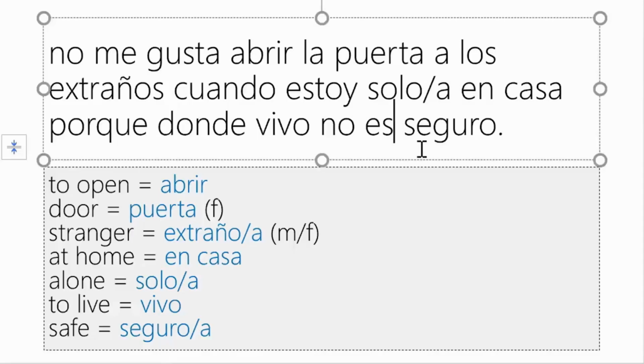One point is that if we put no está seguro, maybe some of you did that, what you would be saying, at least, or how you would be understood to the ears of a native Spanish speaker, is that, well, it's just not safe right now. As though it were something temporary, that it's just for tonight that it's not safe. But really, that's not what we're saying.